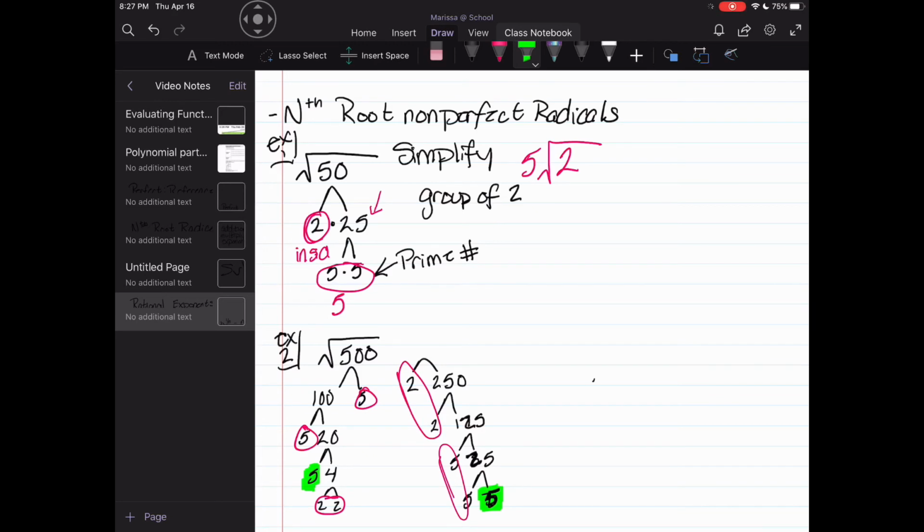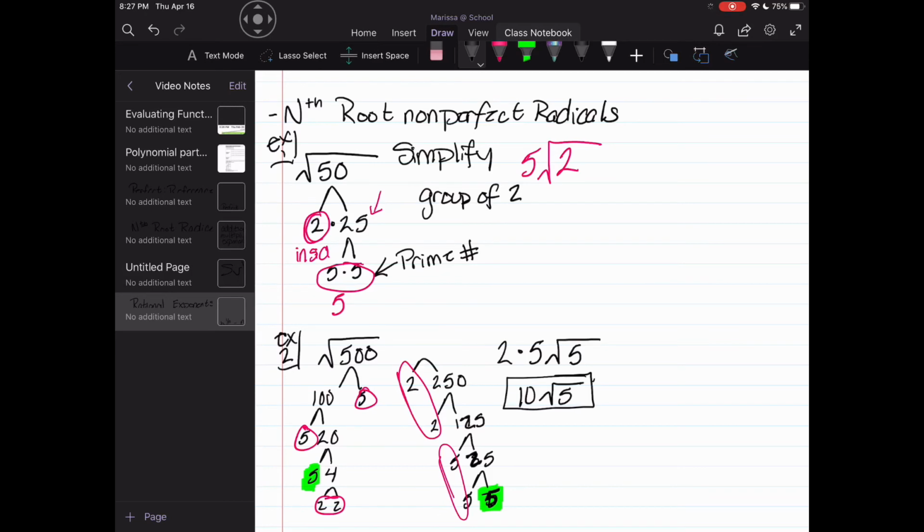I've got a group of 2's and I've got a group of 5's. So I'd have a group of 2's and a group of 5's on the outside, and then I have a lonely 5 left on the inside. So 2 times 5 is 10, so I'd have 10 radical 5 as my final answer there.